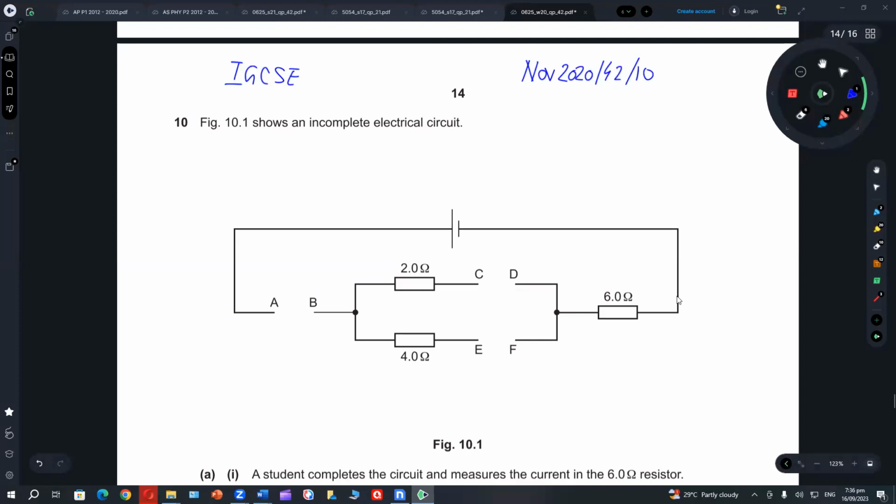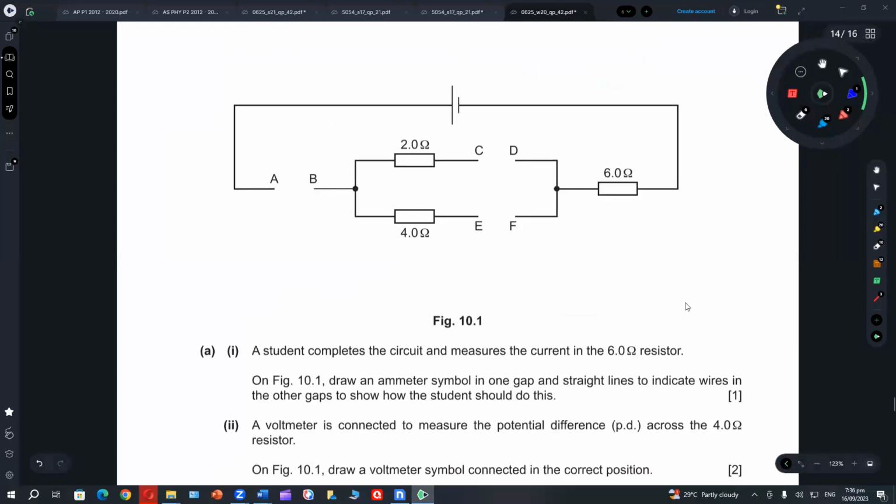The figure shows an incomplete electrical circuit. The circuit is there, 2 ohm resistor, then there are some gaps.